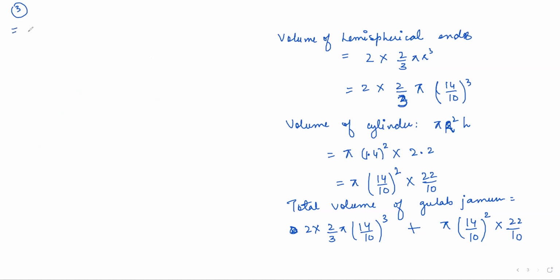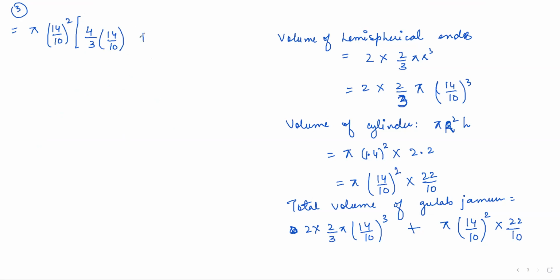Right. So just to make it a bit simpler, can I take pi outside, right? And then I can take 14 by 10 whole square outside, and at least take this much outside. Now what is left here? 4 by 3 into 14 by 10. Is this okay? Yes, ma'am.